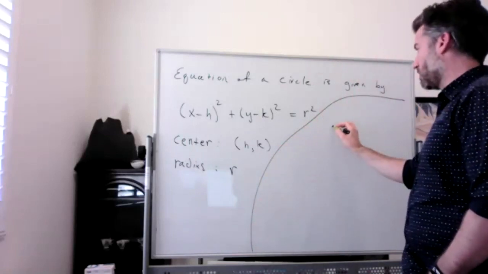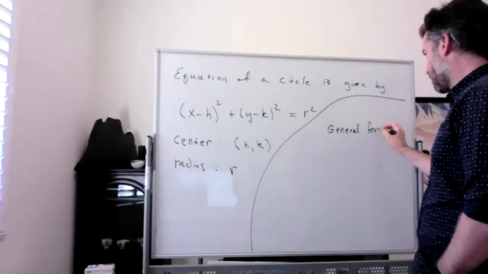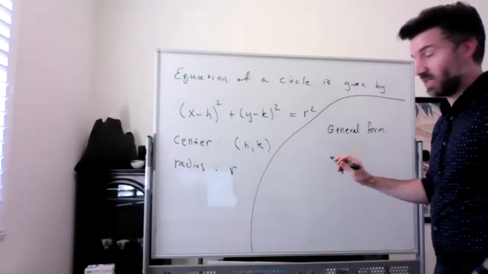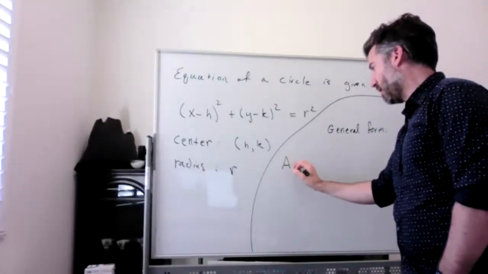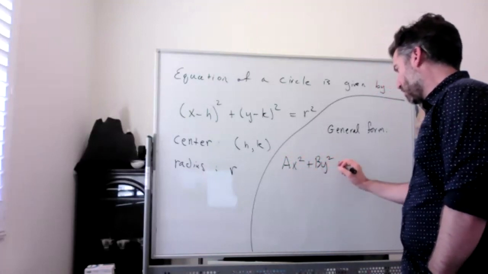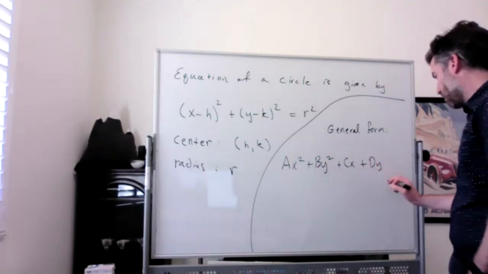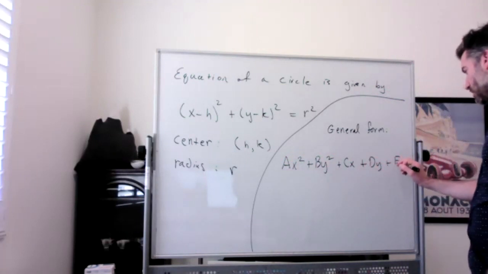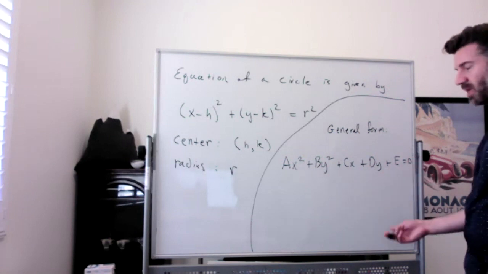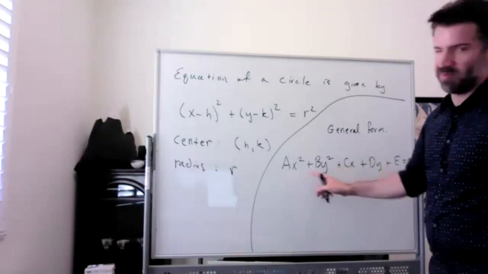I'll just point out, because we will see this today, you can also write a circle in the general form, which looks more like this: Ax squared plus by squared plus cx plus dy plus e equal to 0. This will also be a circle as long as a and b are the same.